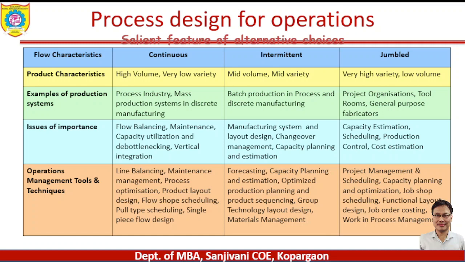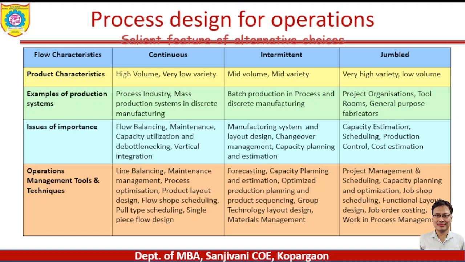The second type of flow is the intermittent flow. The intermittent flow is usually used in case of mid-volume and mid-variety kind of products. An example of the use of intermittent flow in production systems is batch production, especially in discrete manufacturing, but it is also used in process industry wherever possible.